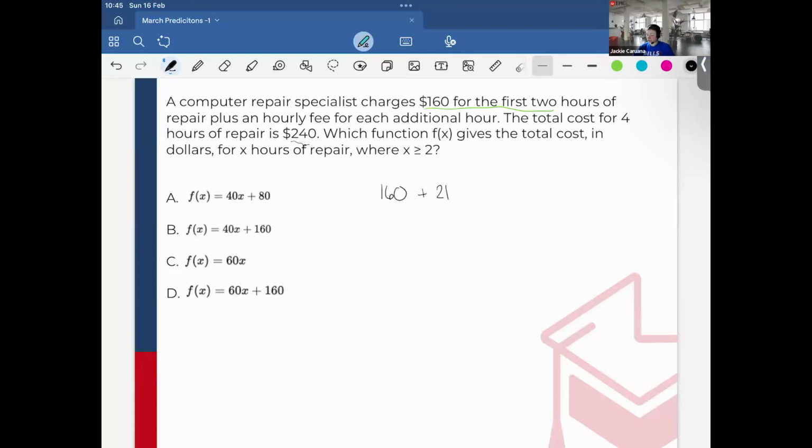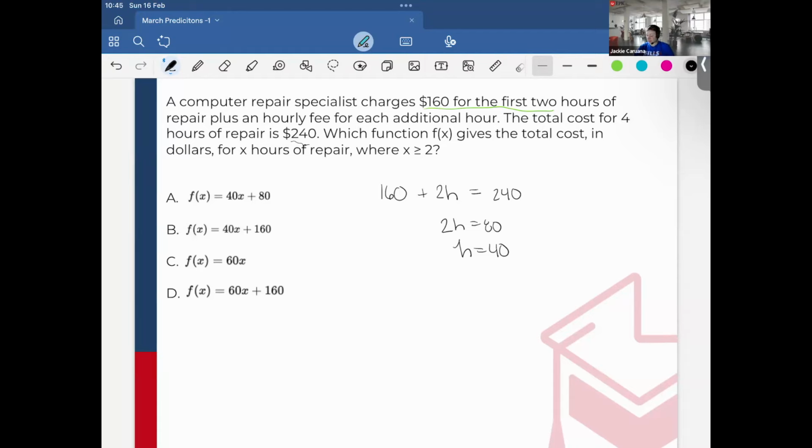Now there's 2 additional hours, this is my hourly fee that I need to determine, and that will equal 240. So I get that 2h is equal to 80, and the hourly fee is equal to 40. So the hourly charge for each additional hour after the first two is $40 per hour.